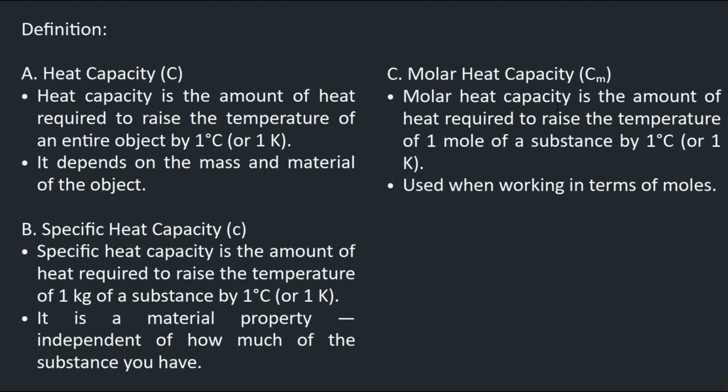So 1 mole has a particular mass, and so we have to go with that. This is per mole, this is per kg, this is for the entire mass. That's why it is the heat capacity of the object. This is the heat capacity of 1 kg of the object. This is the heat capacity of 1 mole of the given substance.